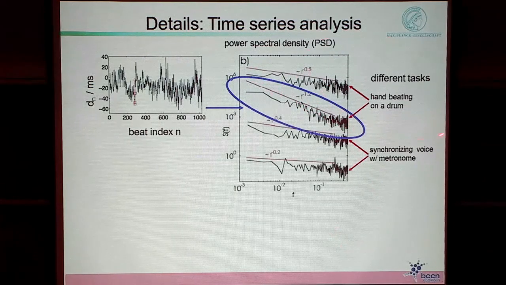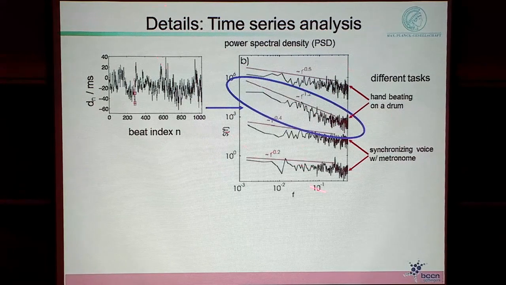This is shown for different tasks, for hand beating on a drum and synchronizing voice with a metronome. And in all these cases, we find these inverse power laws where the power spectral density follows such an f to the minus something behavior.